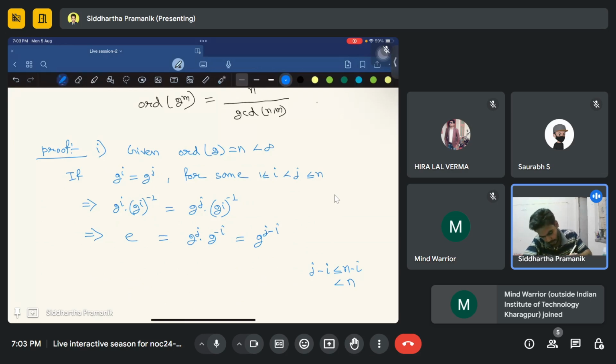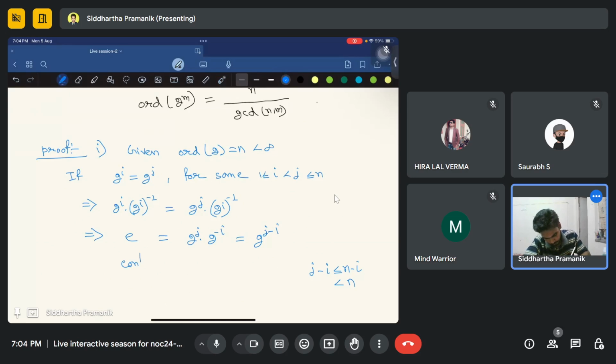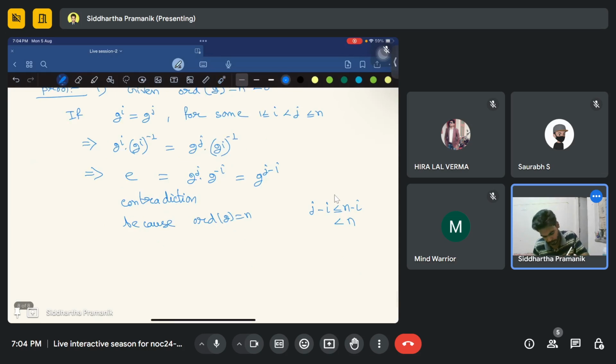So this should be a contradiction, right? Because order of g is n, so this cannot be true. So hence g, g square up to g power n, and this is equal to identity, these all are distinct elements.